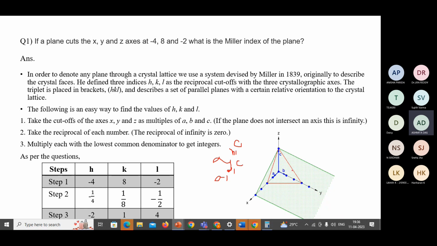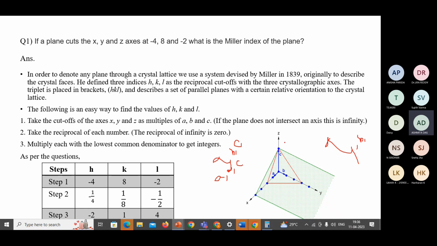Okay, so I have a question. Suppose there is a plane which cuts the x-axis at point A1 and y-axis at point B1, and which is parallel to the z-axis and does not cut the z-axis.